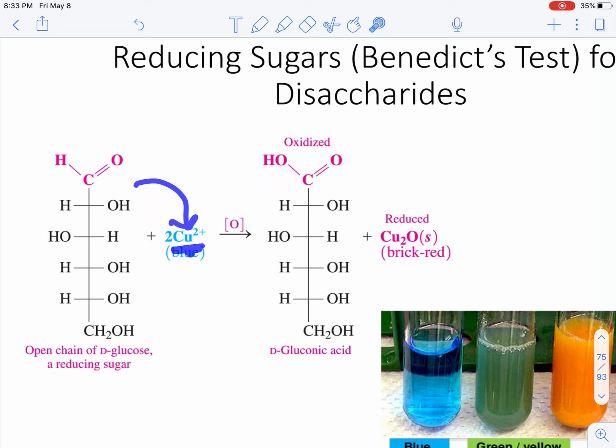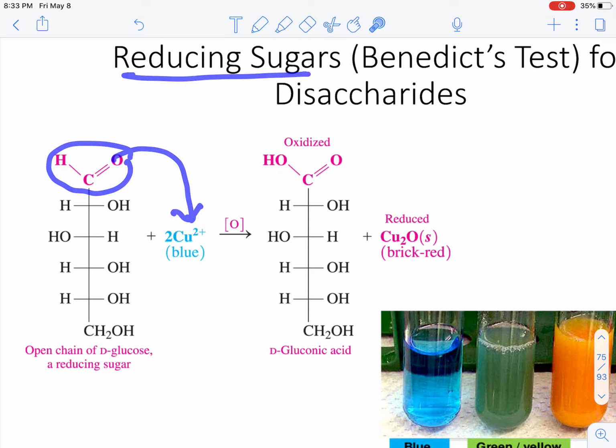Remember, reduction means gain of electrons. This copper is going to gain electrons from this aldehyde and thus becomes reduced. That's where the word reducing sugar comes from: this sugar has the ability to reduce another substance.